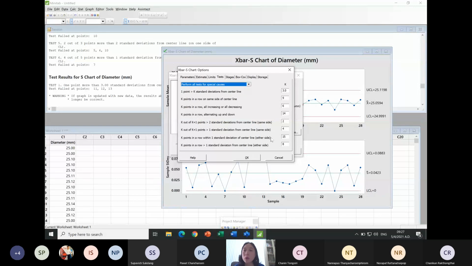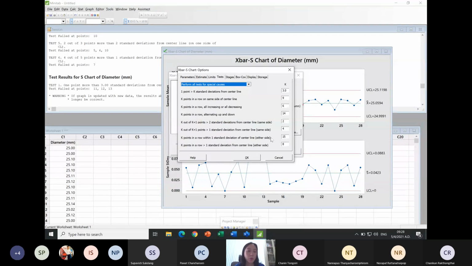If you have only 14 points, this pattern is not strong enough evidence to tell you that there is a run in zone C. So you have to wait for 15 points before you are able to detect this abnormality with this rule.